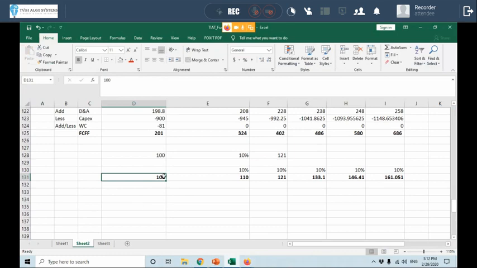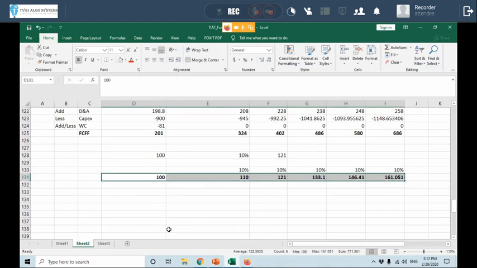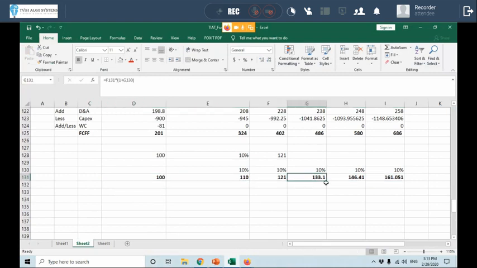Now assume this is not a bank, this is a stock, and this is the cash flow from the stock. So if you want a 10% return, your cash flow should increase by this amount. Replace these numbers with these numbers.